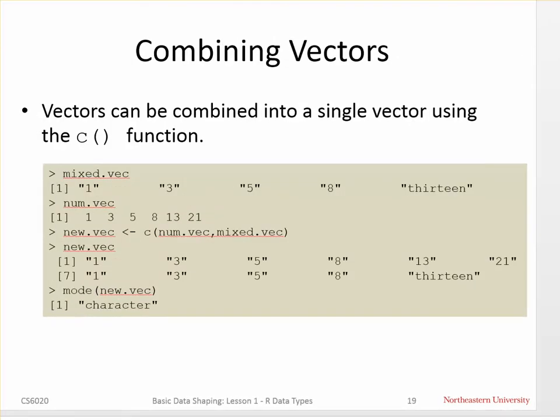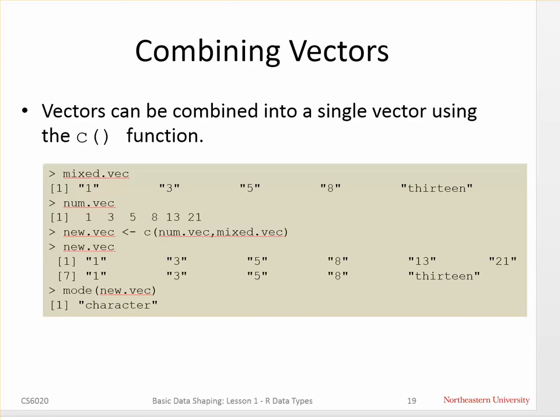Now you can combine vectors by using c. So if, let's say, we have mix.vec, which is the vector of 5 character strings, and we've got the vector num.vec with 6 numbers. If I then say new.vec as the concatenation of the numeric vector and the mixed vector, again, I have mixed mode, so R is going to do some conversion.